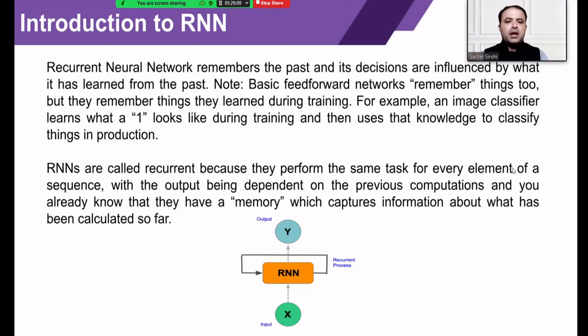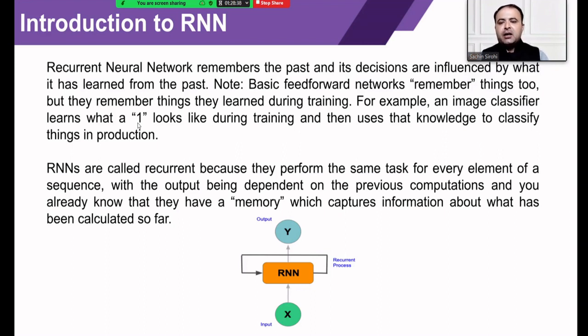So the machine learns from the past. Basic feed-forward networks remember things too, but they remember what they learned during training. For example, if an image classifier learns what a face looks like during training and then uses that knowledge to classify things in production.